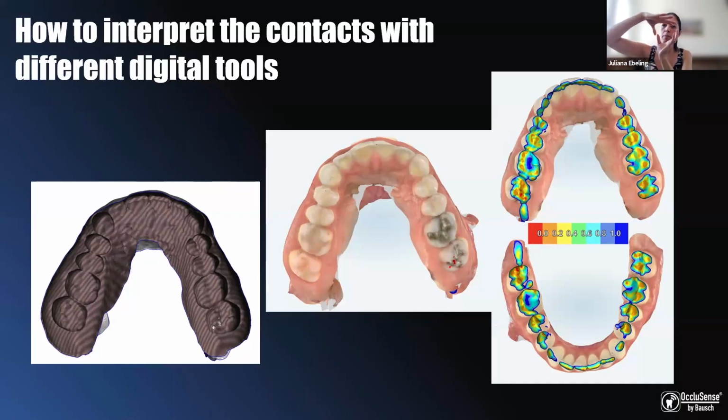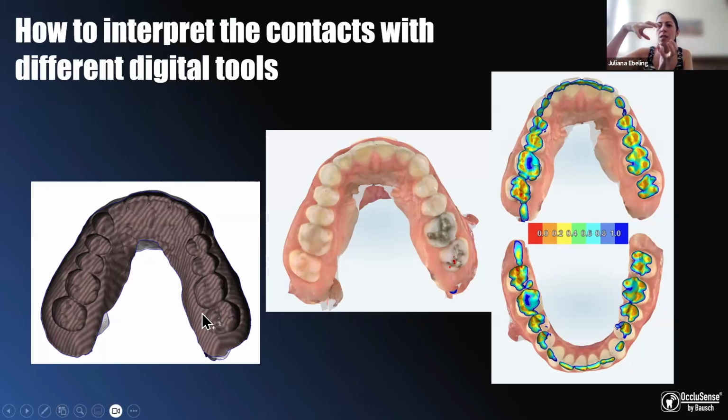I don't have movement, I don't have periodontal ligaments, I don't have muscle activity here. I have two meshes that cross, and then I have the contact. This is what we see with, for example, Meshmixer or Exocad.